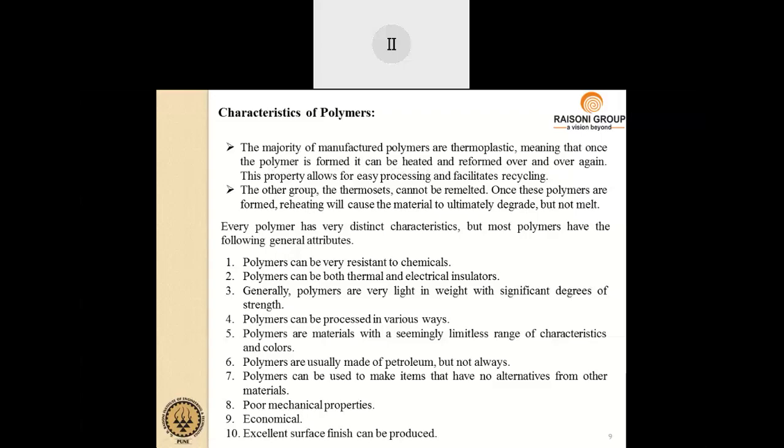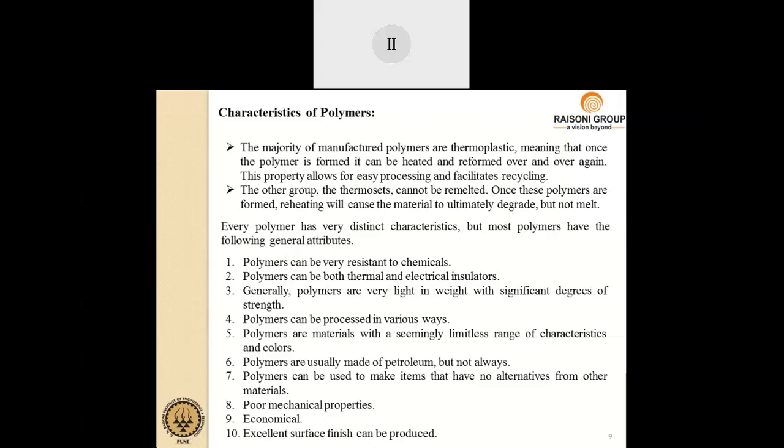As this thermoplastic polymer can be reformed again and again, this property allows easy processing, and we can also recycle this type of polymer. We can recycle thermoplastic polymers and we can easily process them.